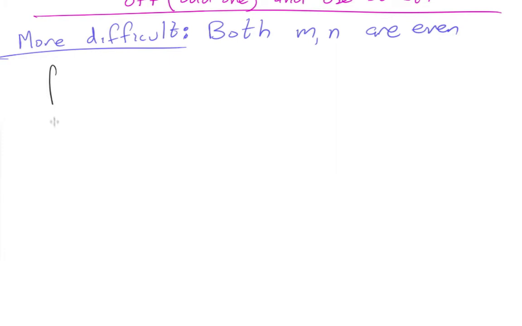Okay, so let's try to get the idea here. Before we write down a general strategy, let's say we have sine squared times cosine to the fourth x, something like that. What do you guys think? Well, you can always go Wolfram, yes.